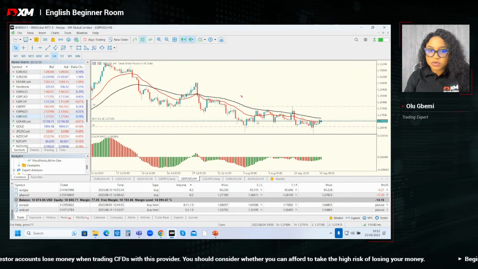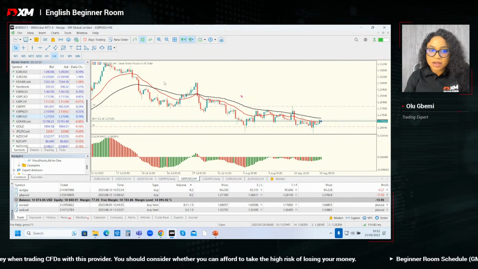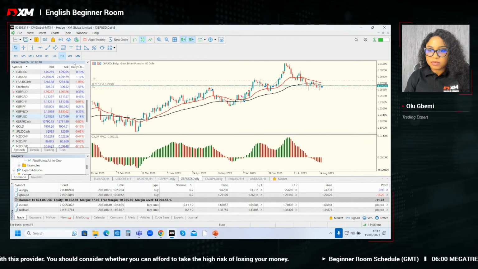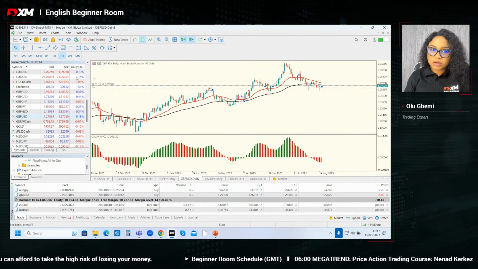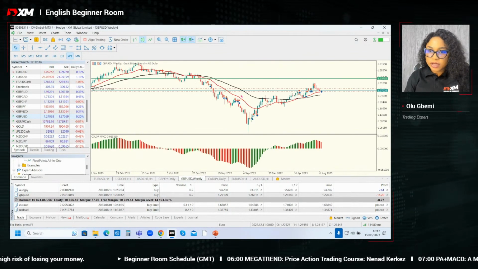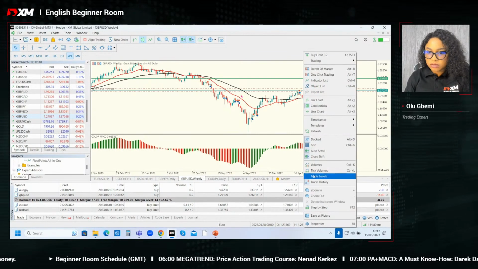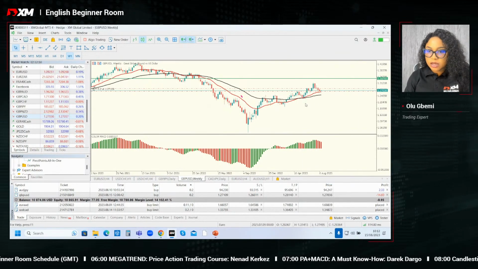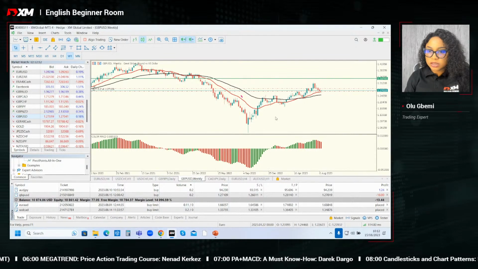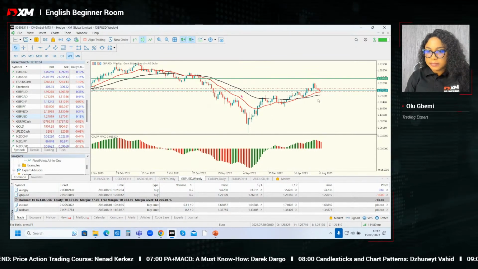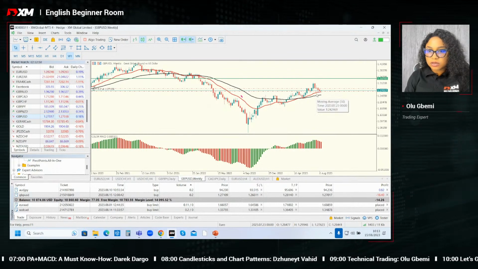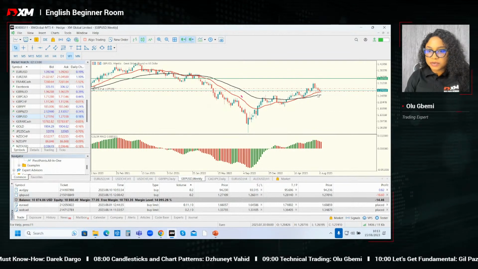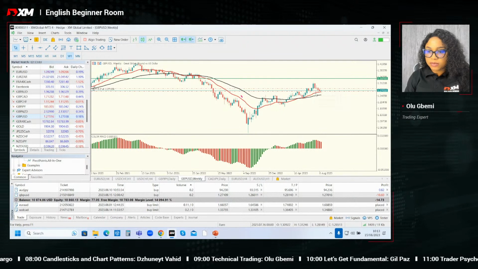So by the time I come back to the 4 hour, I will be able to say, okay, the trend looks bullish on the weekly. If I look at the major trend on the weekly, let me remove all of these lines. If I look at the major trend on the weekly, it is bullish. It looks like the price got rejected from the moving average.